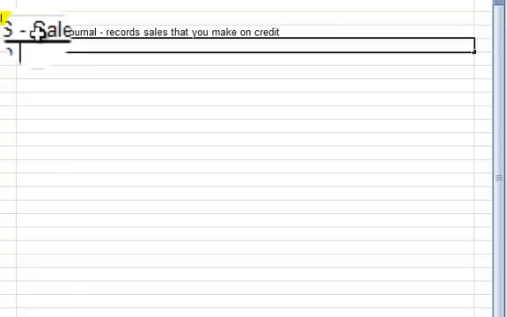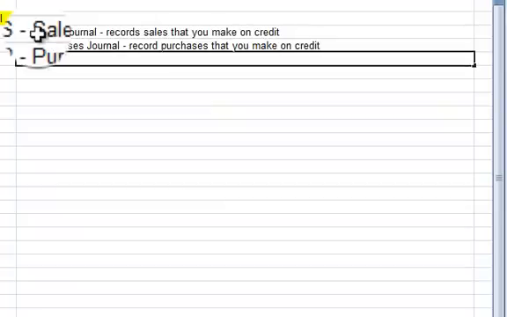We have the purchases journal, and in it you record purchases that you make on credit.